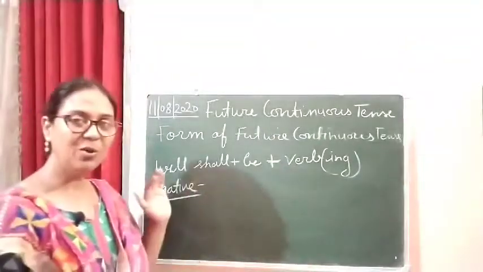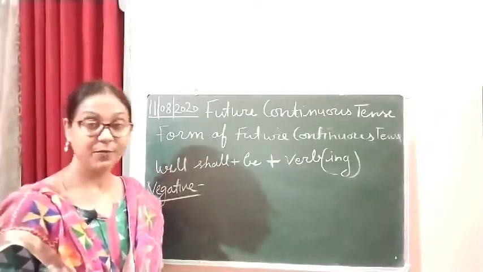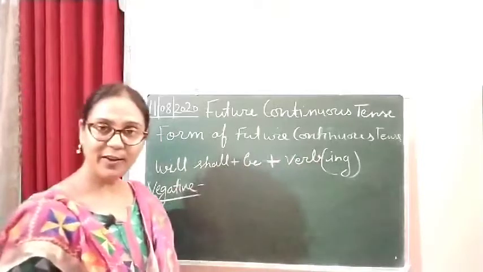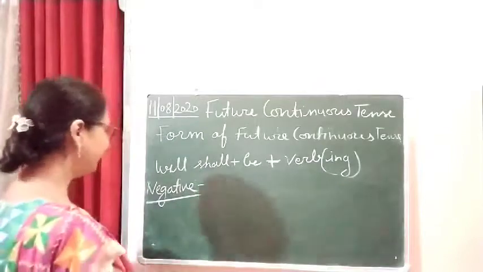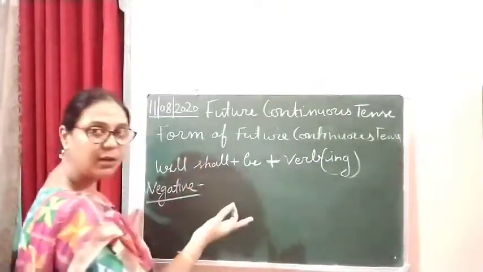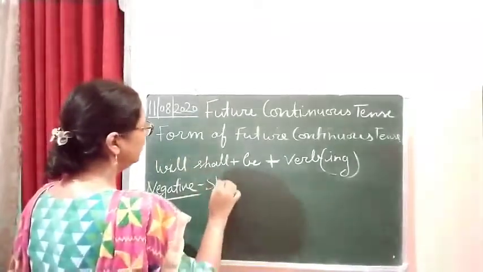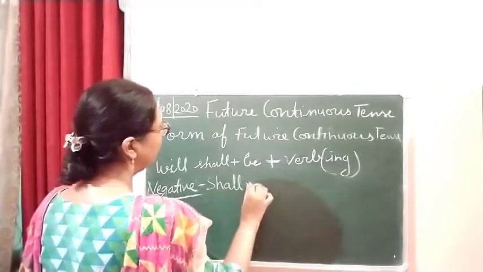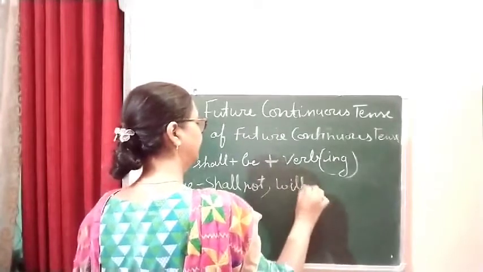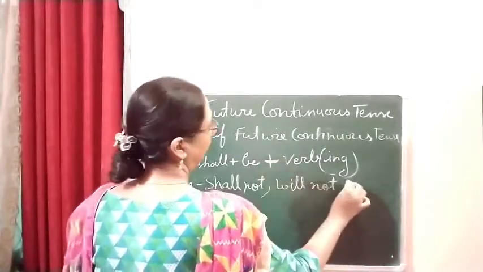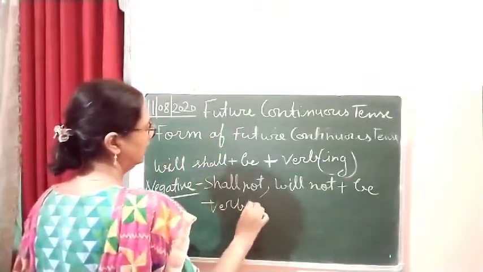Now we are going to discuss how to make negative sentences in future continuous tense. The formula is written over here. First of all, shall and will, as you all know, we are supposed to use in future tense. Now, shall not and will not plus be and then verb with ing.